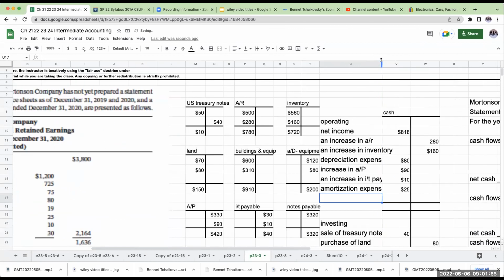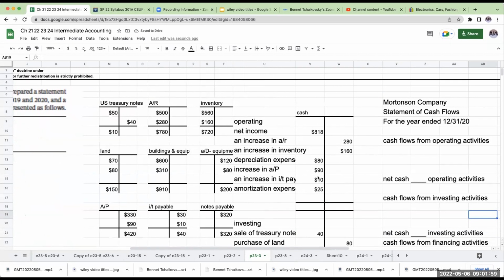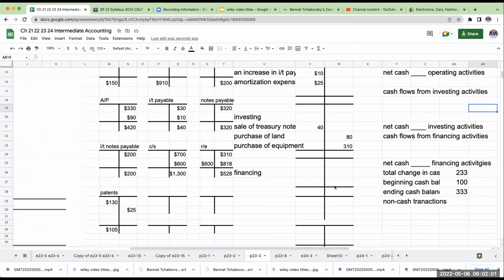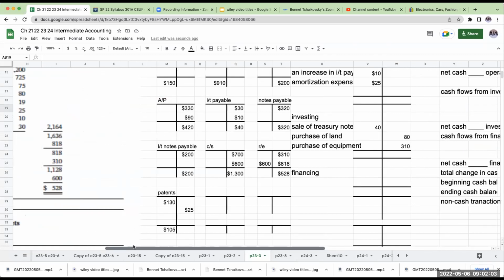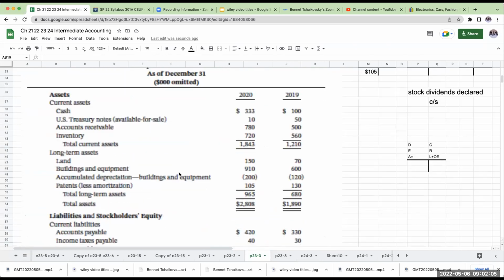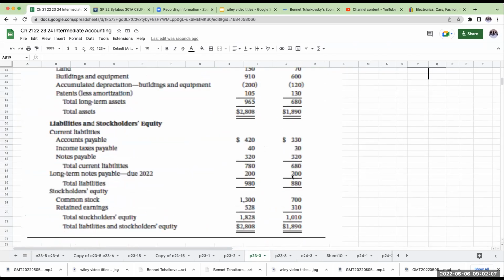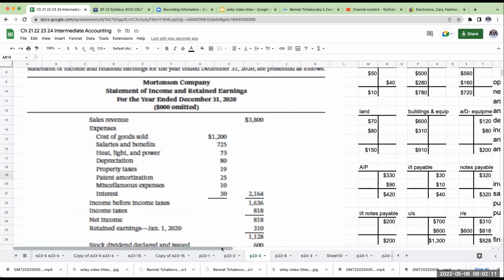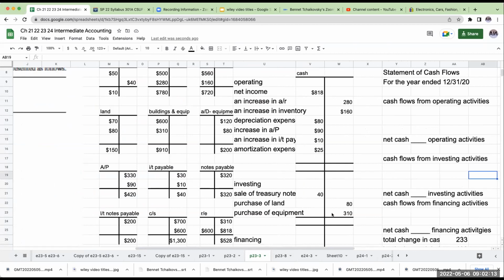So after I've made all those mistakes, let's see where we are. And our magic number is going to be 233. So if I look over here at financing, there's nothing going on, but I'm going to check my numbers real quickly. Long-term notes, notes payable, we're good. Okay. So nothing going on with financing. With investing, we had total over here of 40. So we got 350.